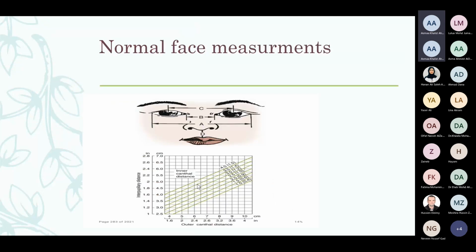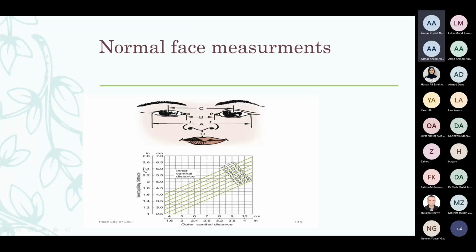Here is a normal face measurement. This is to see the inner canthal fold. You have important things. This is the space between the inner canthal folds. Then this is the interpupillary distance. This is the space between the outer canthal folds.